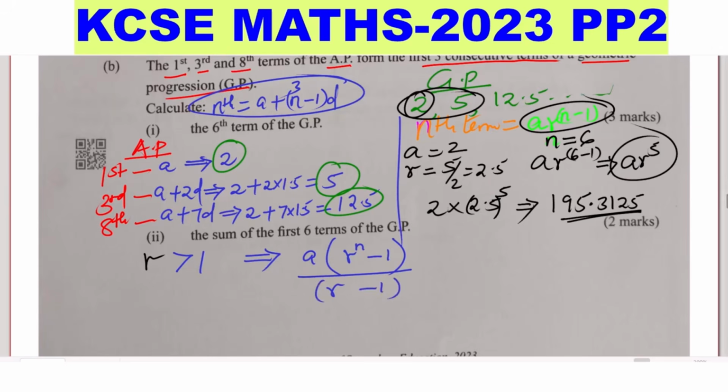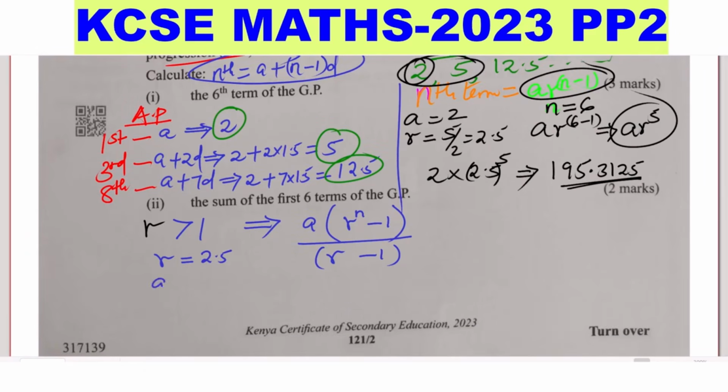This is the formula that you're going to use when the common ratio is greater than 1. What's the common ratio here? We got the common ratio as 2.5. That is greater than 1. Then we have A, and A is 2.